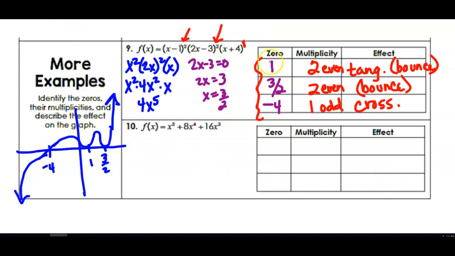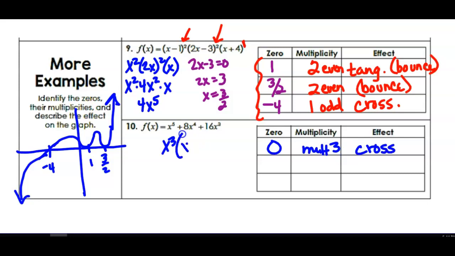All right, one more quick one here. We can take out an x cubed, which means there's a 0 at 0 of multiplicity 3. Which is odd, so it will cross.